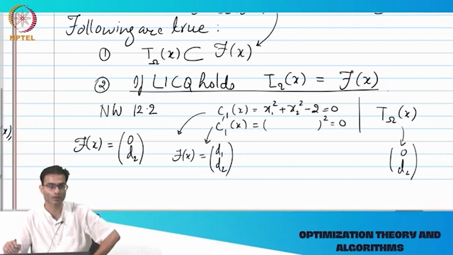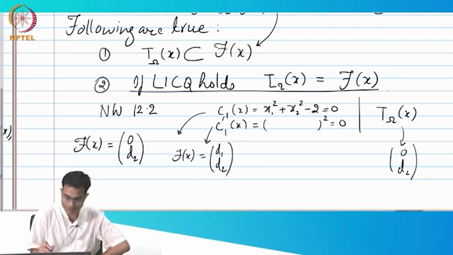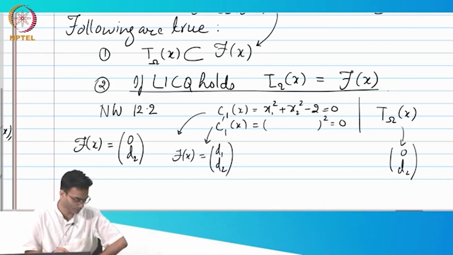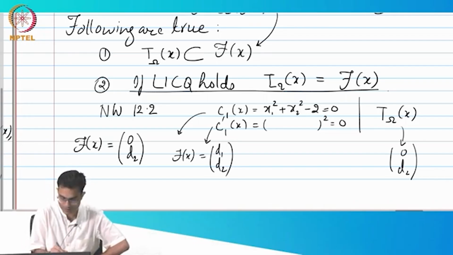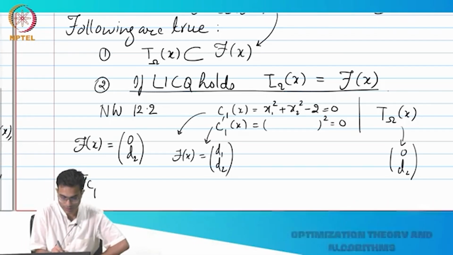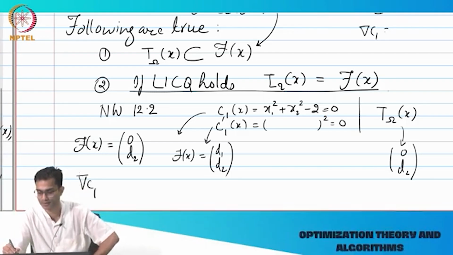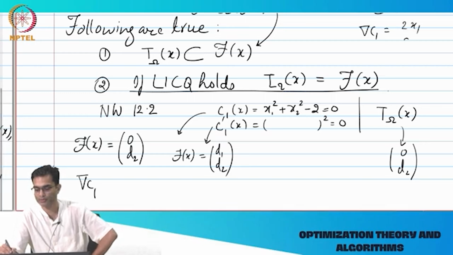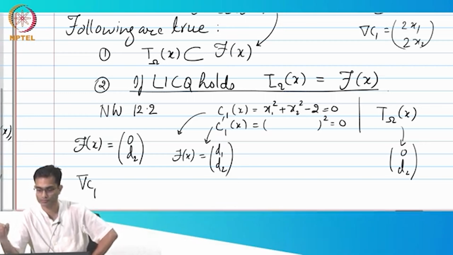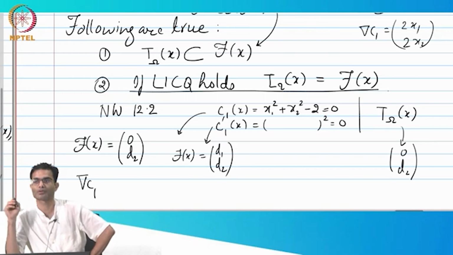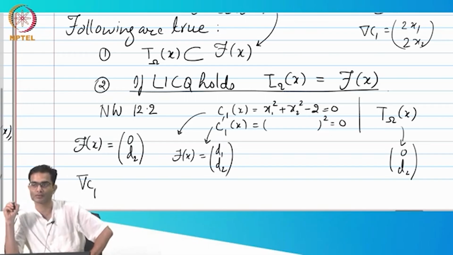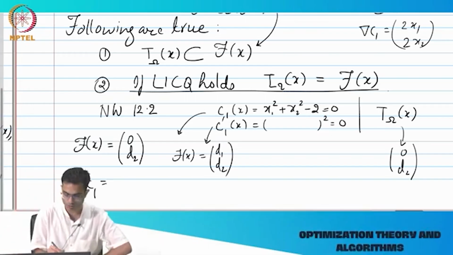Right. Now, what was grad C1? Does anyone remember? So in the case of C1, you can calculate grad C1 over here. Grad C1 in this case is going to be 2x1, 2x2. So when I substitute minus root 2 comma 0, what does grad C1 turn out to be equal to?